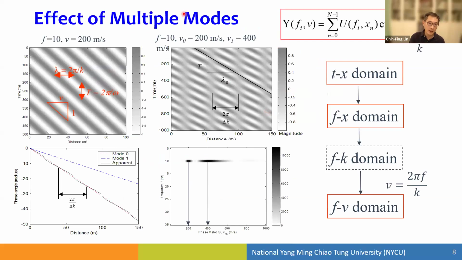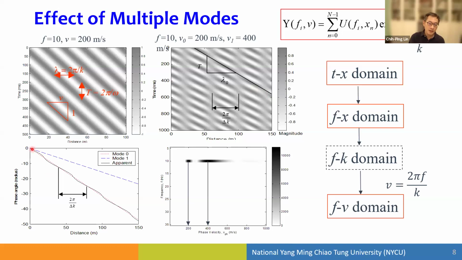Let's say there is a frequency component at 10 Hertz, and the fundamental mode has a traveling speed of 200 meters per second. And if you have a higher mode with a phase velocity of 400 meters per second, the wave field originally is a simple wave field. When you stack 2 modes together, you see the phase angle is distorted because of this 2-mode superposition, right?